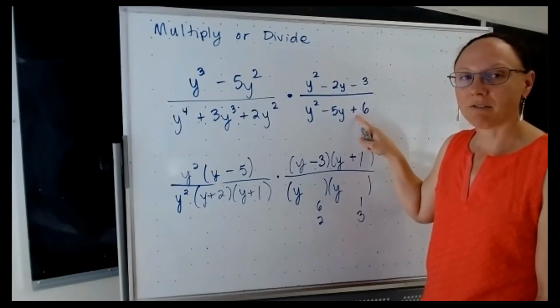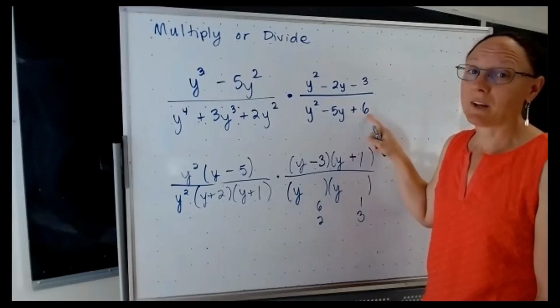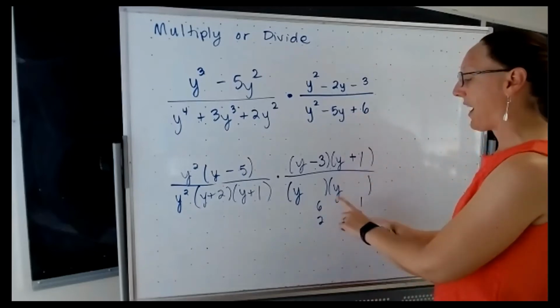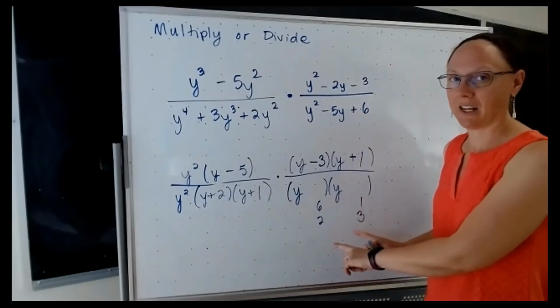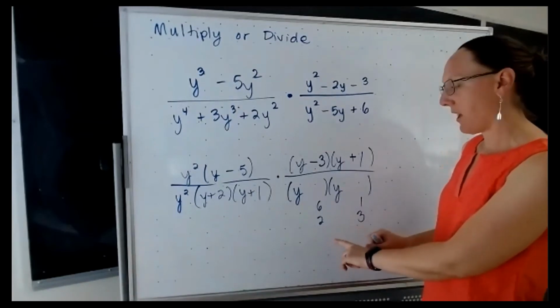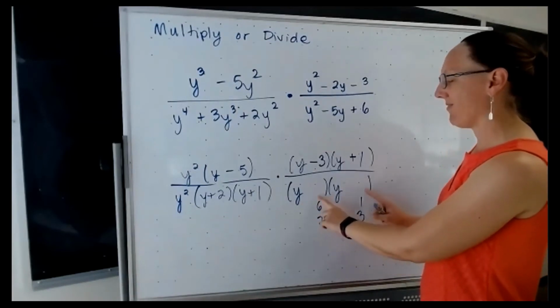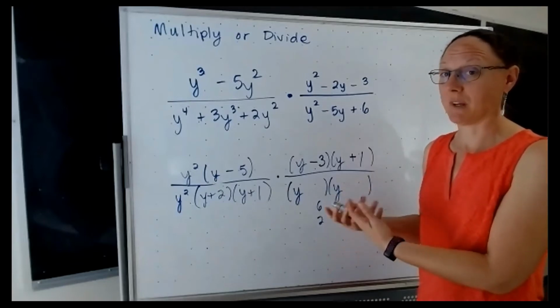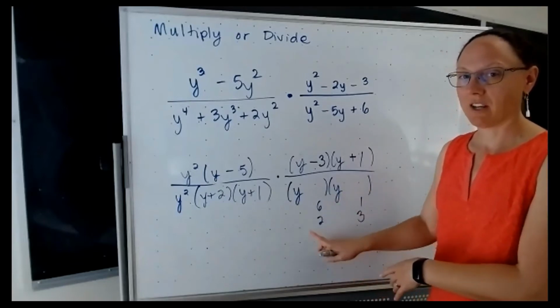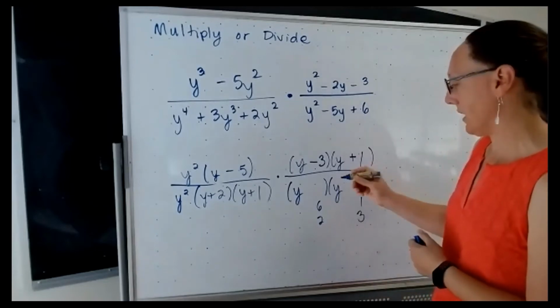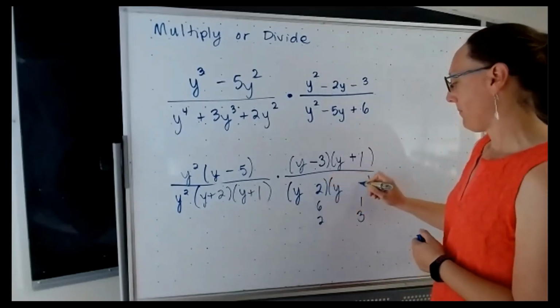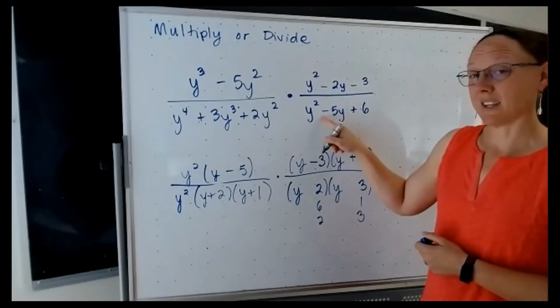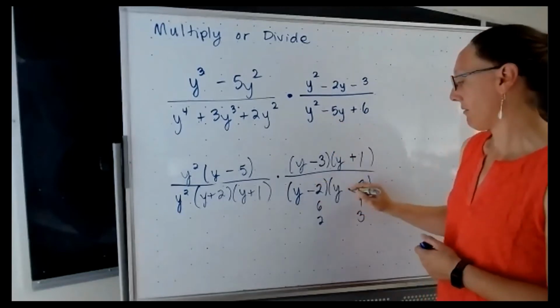Because I'm getting a positive 6, I know the two factors have to have the same sign. So thinking about the 6 and a 1, that's not going to work, because if they have the same sign, that's going to give me a 7 or a negative 7. So the 2 and the 3 are what I need. And they're both going to need to be negative because it's a negative 5.